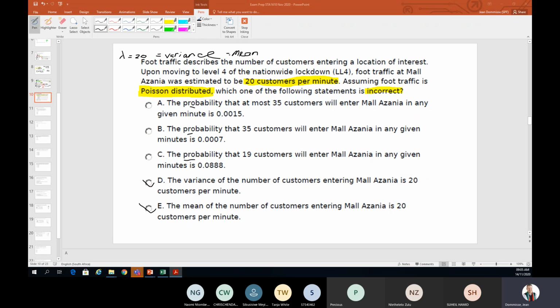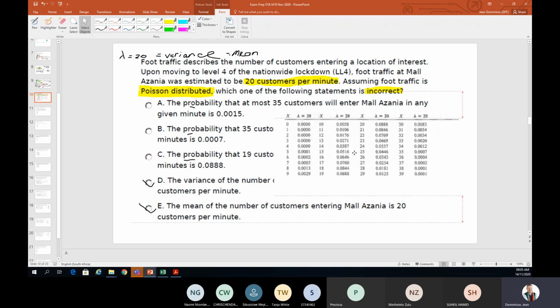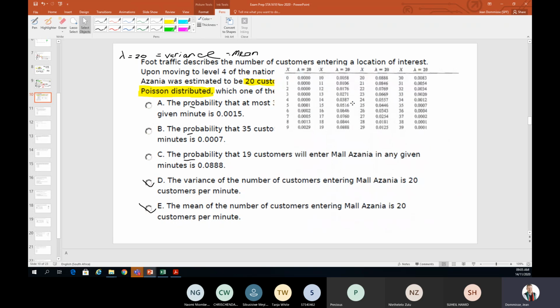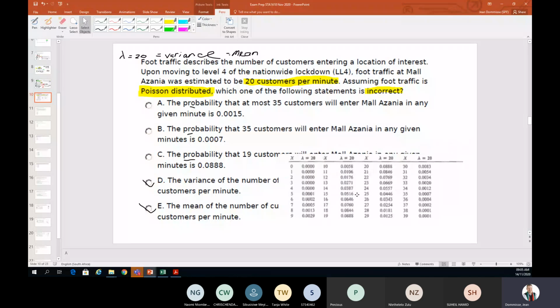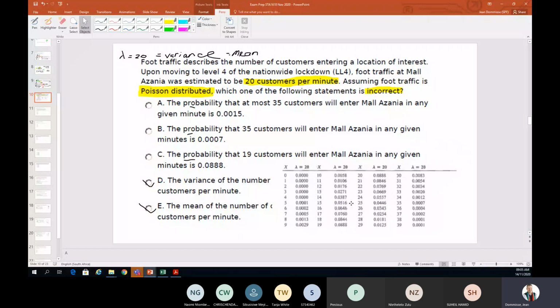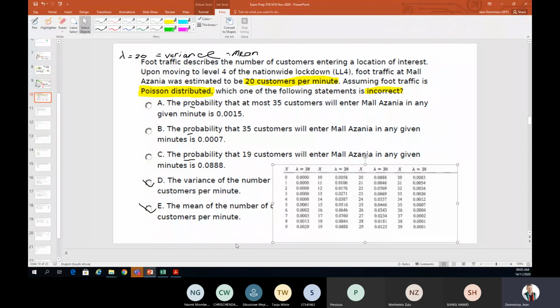So what they just did, in the one that I have now copied it out of, they've just made it from 0 and then it goes on and on for lambda 20. So we just need to make sure how we work with this one.